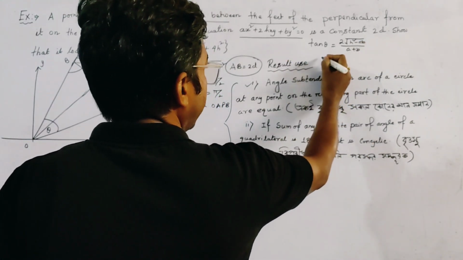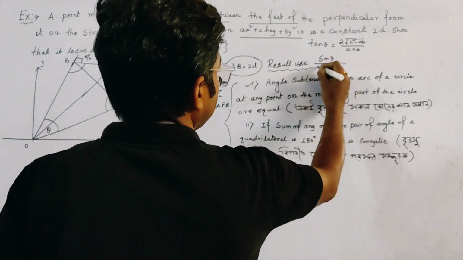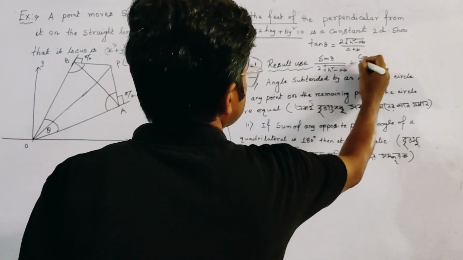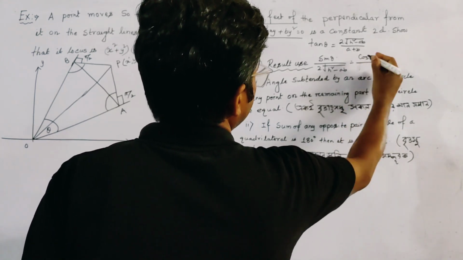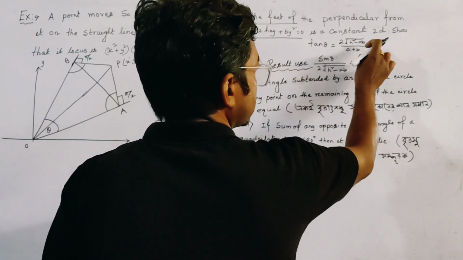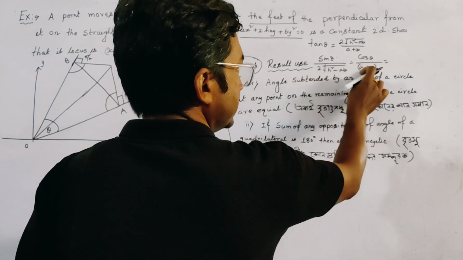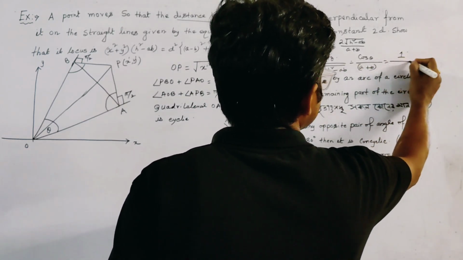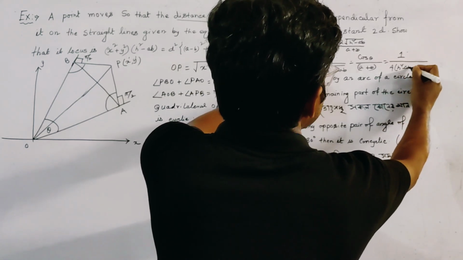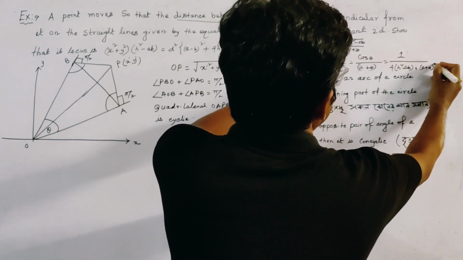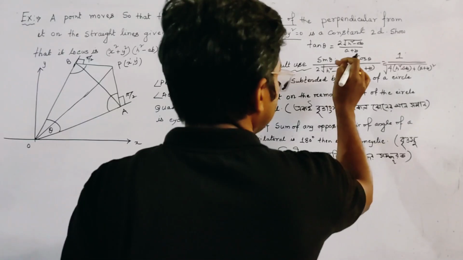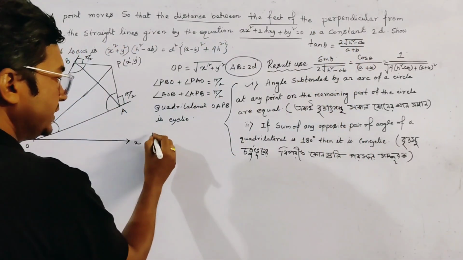And from here we write sin theta by 2 into root under h square minus ab equal to cos theta by a plus b, and this is root under sin square theta plus cos square theta by root under this square and this square. So we get the upper portion is 1 and the lower portion is root under 4 into h square minus ab plus a plus b whole square. So from this relation we get sin theta.